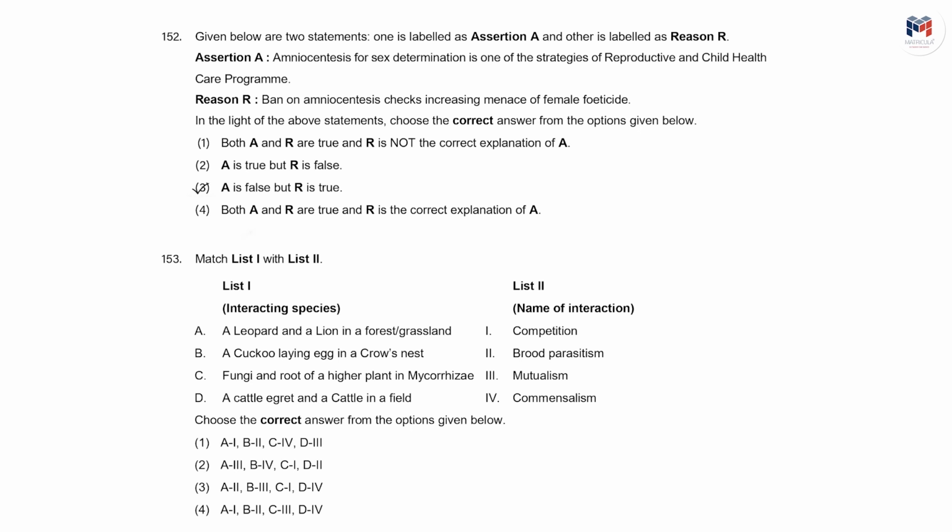Question number 153. Match list 1 with list 2 where list 1 is interacting species and list 2 is name of the interaction. Choose the correct answer from the options given below. The answer is option number 4. A is matched with 1, B is matched with 2, C is matched with 3 and D is matched with 4.